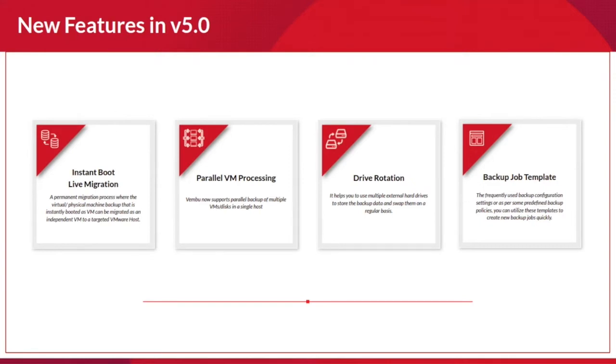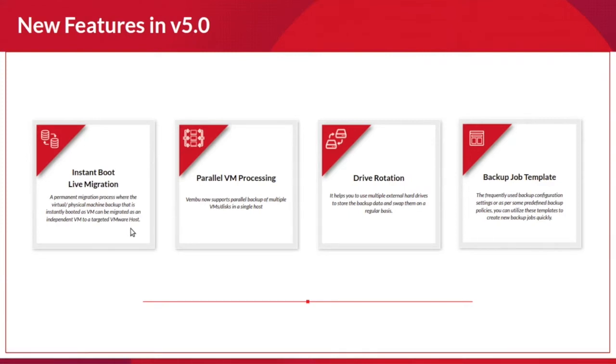With this 5.0 release, we are bringing in an option to migrate the instant boot VM directly to your production. With all the changes that you have made on the instant boot session, you can now take this instantly booted virtual machine directly to the production environment. It's a permanent migration.